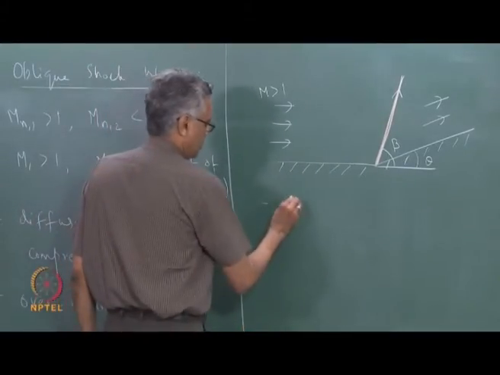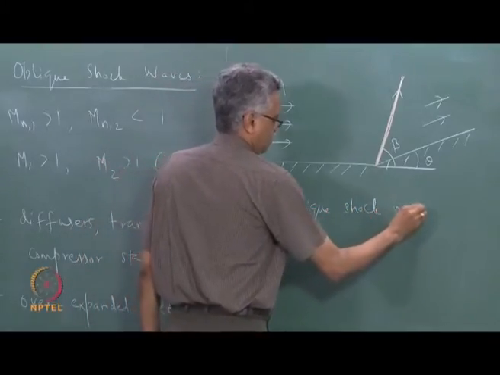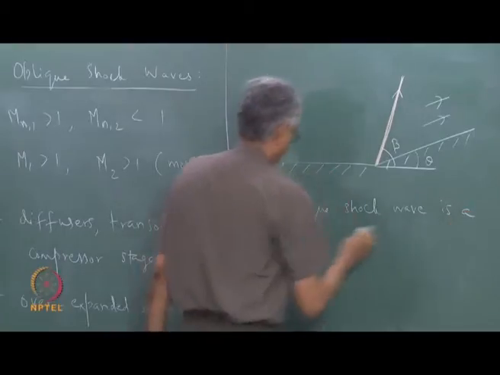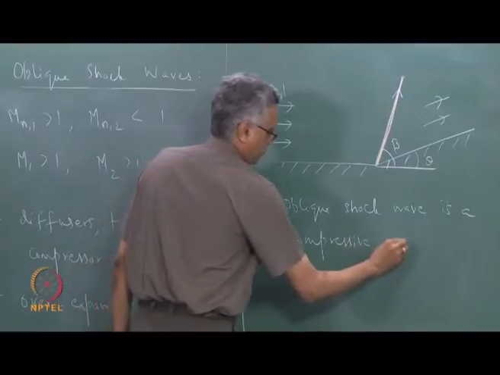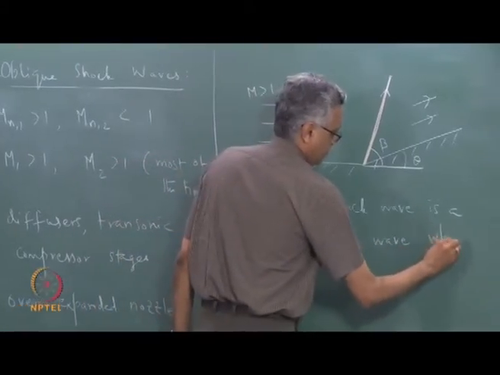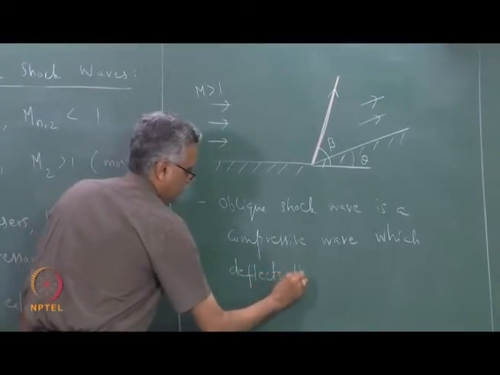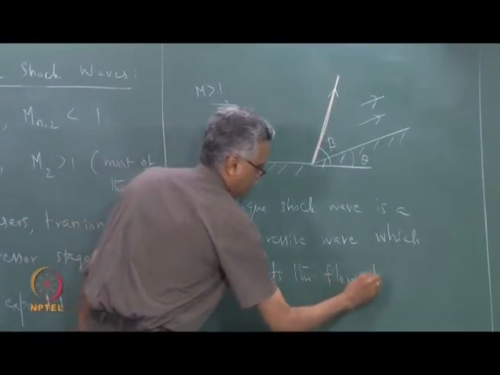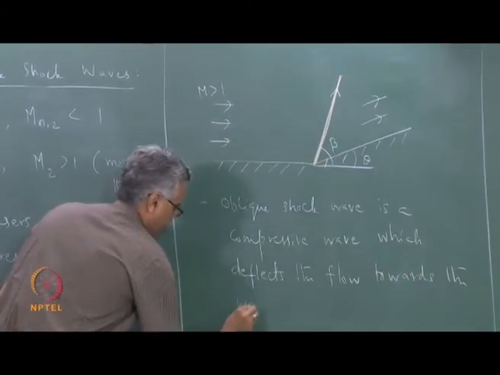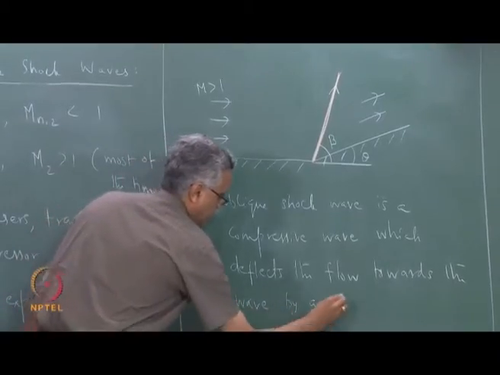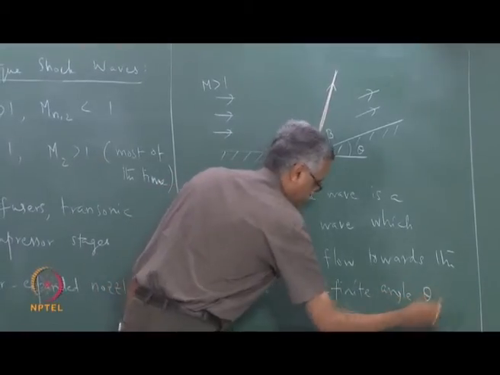So the oblique shock is a compressive wave which deflects the flow towards the wave by a finite angle theta.